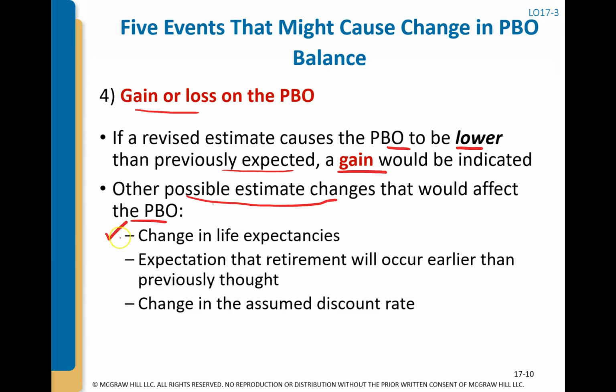If there's a change in life expectancy, if we expect that our employees will live longer or shorter, that goes into the present value calculation when we use our N. Or if our expectation is that retirement will occur earlier than previously thought, so now our service period is less overall because they're going to retire earlier. Or if there's a change in the assumed discount rate. In our example, we use 6%; if that rate changes, all those changes would cause a gain or loss to occur on the projected benefit obligation.